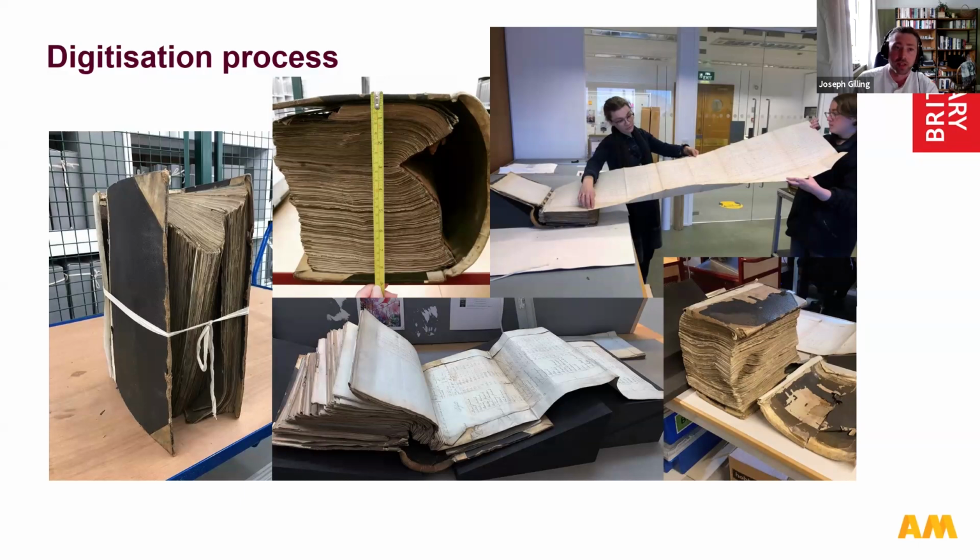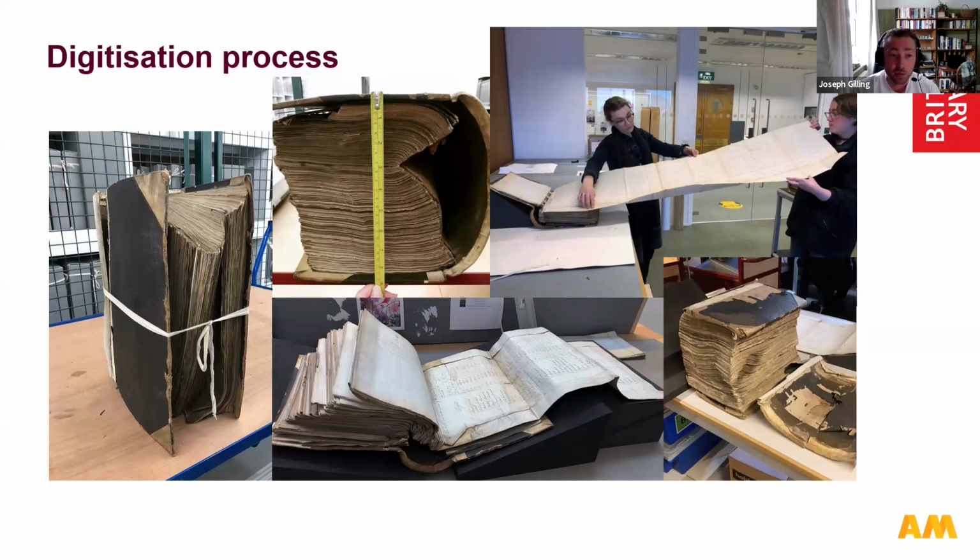This process gives us a high definition, color accurate record of the item, should it deteriorate further. It means we have that information captured somewhere else and backed up. And it means that future users can access digital surrogates as the first port of call rather than the physical item, therefore preventing potential further damage to the item through heavy usage.